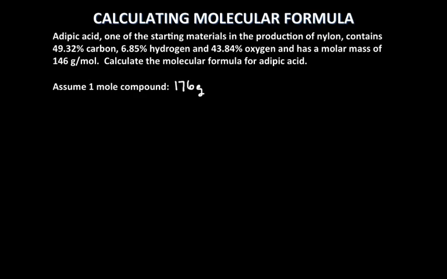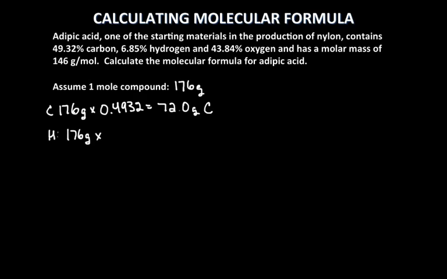So for carbon, we have 176 grams of compound, and its percentage was 49.32. So we multiply that by 0.4932. We convert it to a decimal, and that gives us 72.0 grams of carbon. And we do the same thing for hydrogen: we take the total mass of the compound, 176 grams.